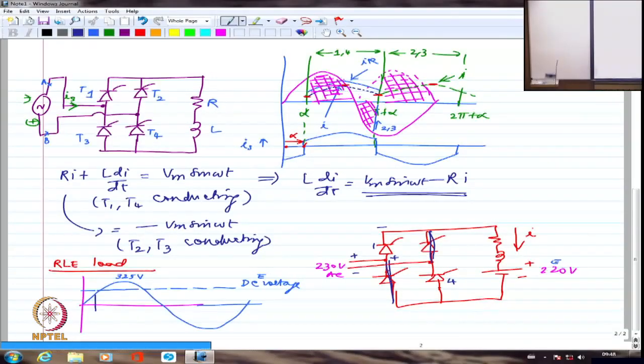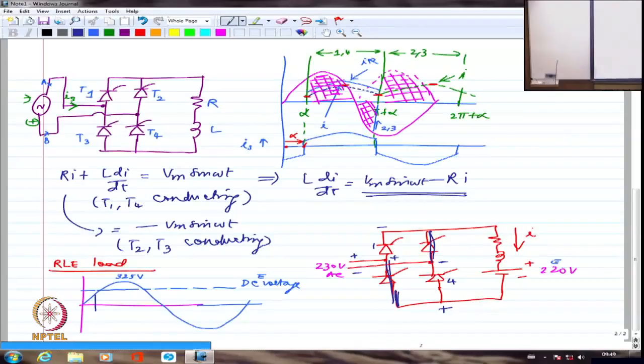Same way, if I consider device number 4, this is minus because this minus is directly connected here, and this is plus and this is a short circuit, so this will automatically be plus. So no matter what, this device is forward biased irrespective of whatever happens here. From the supply voltage itself, this particular device is forward biased.